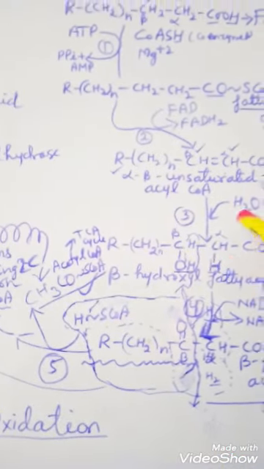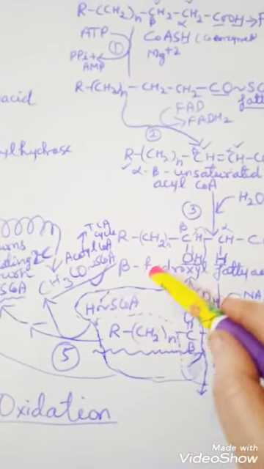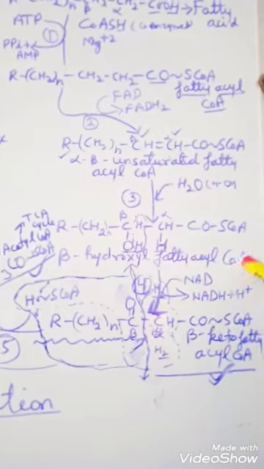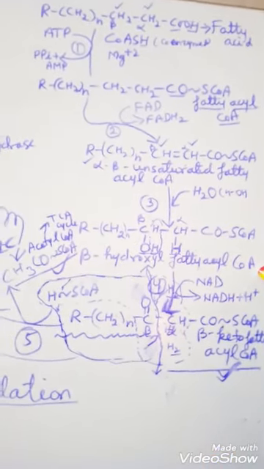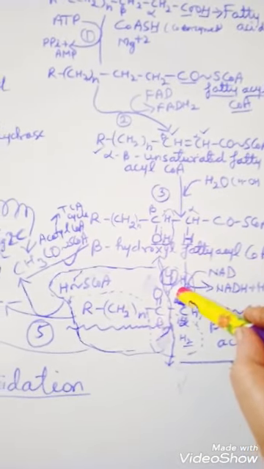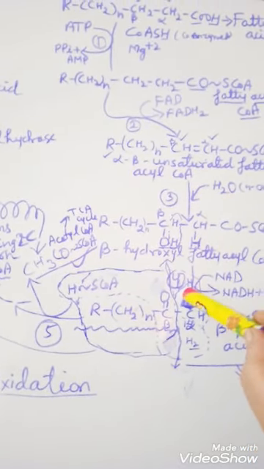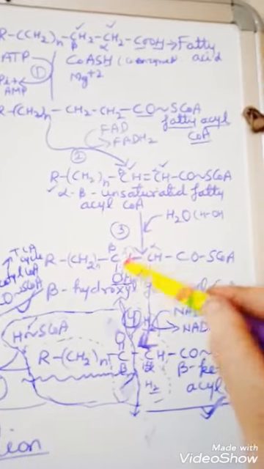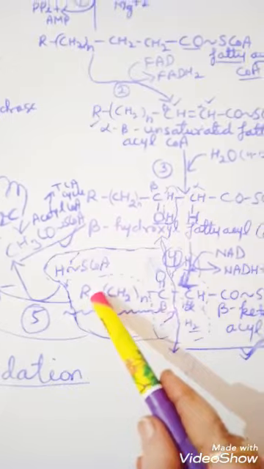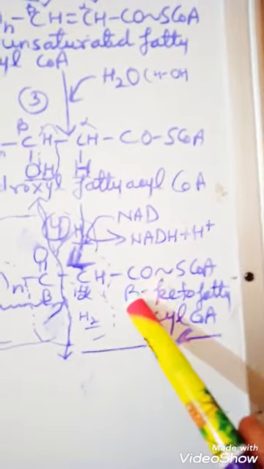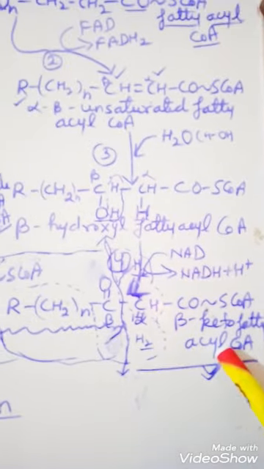This beta hydroxy fatty acyl coenzyme A, after step 4, that is dehydrogenation, the removal of hydrogen, is converted into this structure, known as beta keto acyl coenzyme A.